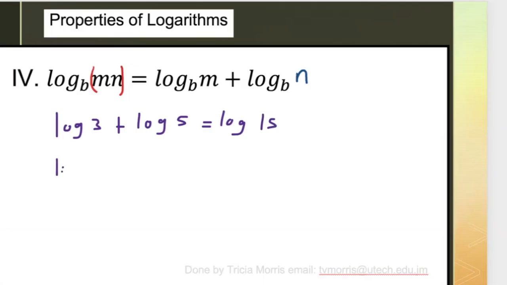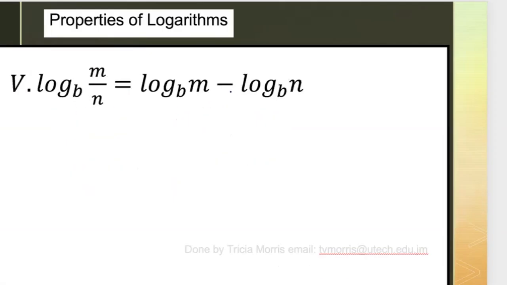If I have log base 5 of 2 plus log base 5 of x, then I'll write the log once, and my base is 5, and 2 times x gives me 2x.